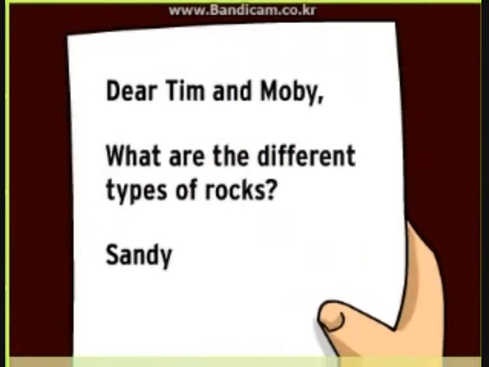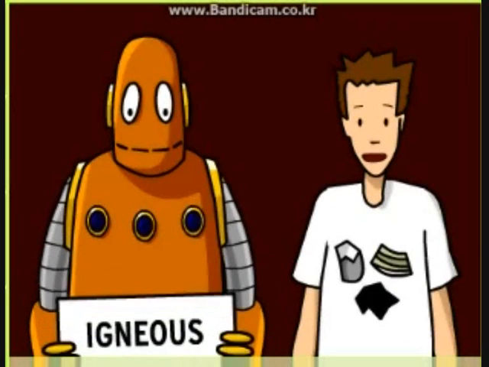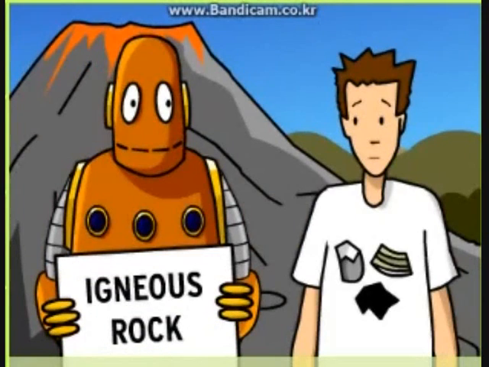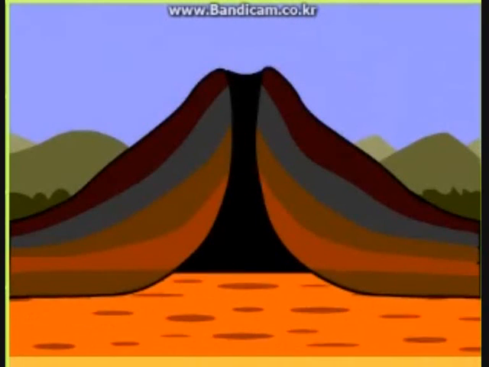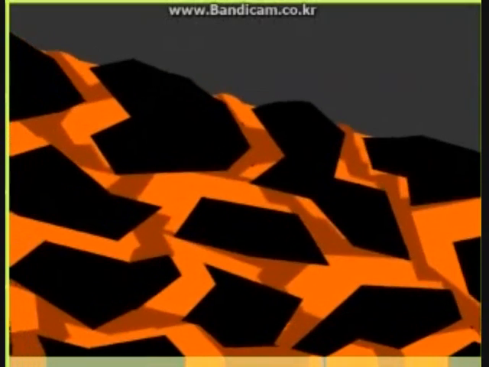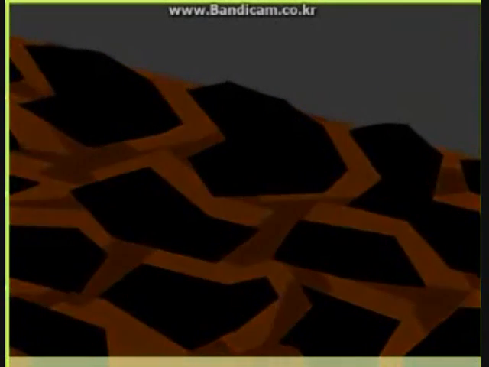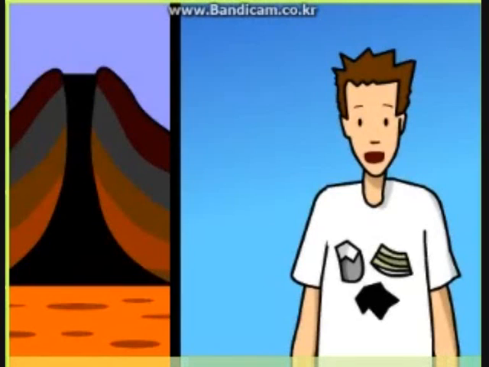Dear Tim and Moby, what are the different types of rocks? From Sandy. Rocks are split into three basic types: igneous, metamorphic, and sedimentary. Magma is molten material from deep inside the earth that comes to the surface through volcanoes. You may know it as lava. That's what it's called when it's above ground. Igneous rocks form when this molten material cools. Not all of the magma makes it out of the volcano.